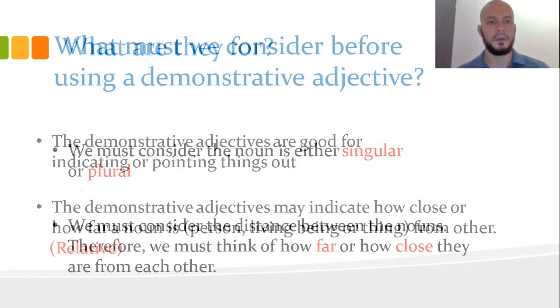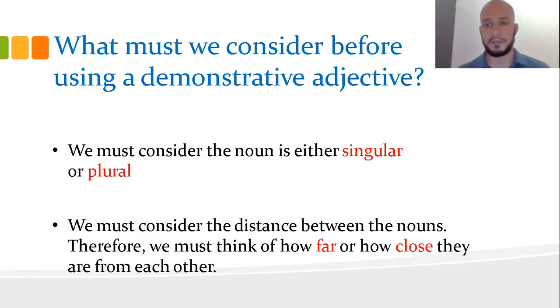What must we consider before using a demonstrative adjective? First, we must consider whether the noun is singular or plural. And second, we must consider the distance between the nouns. Therefore, we must think of how far or how close they are from each other. Remember again that if something is close for you, it doesn't mean it's close for everybody.